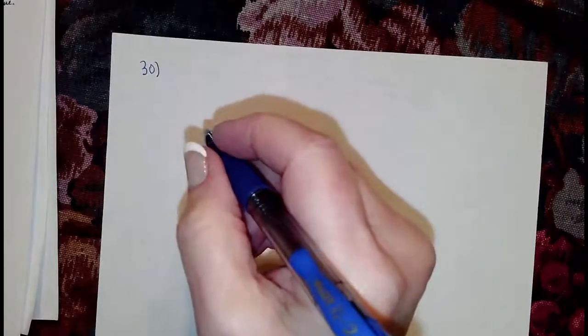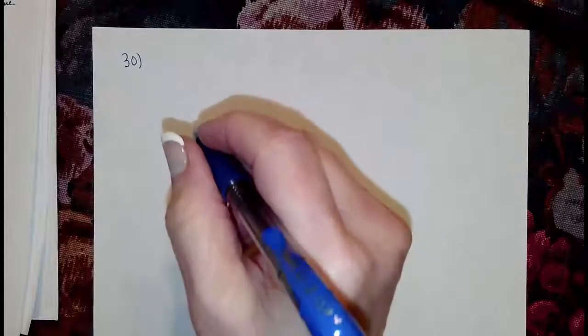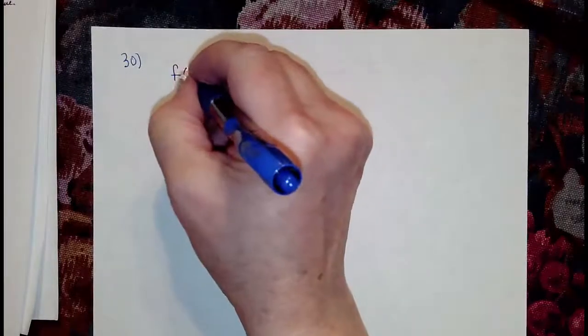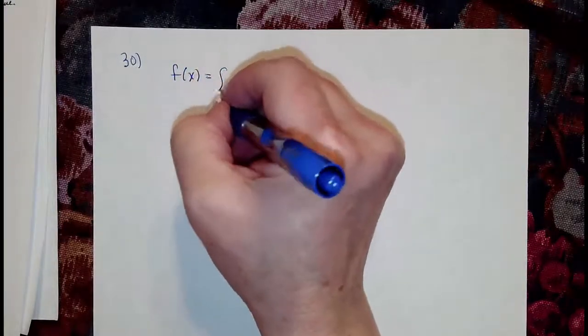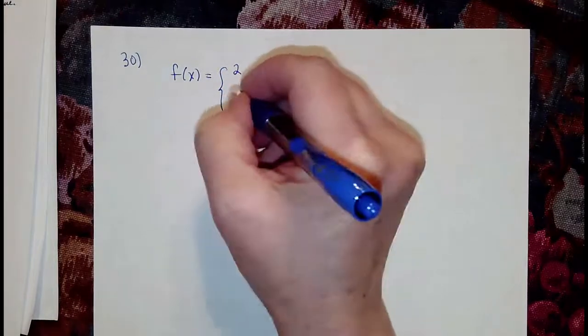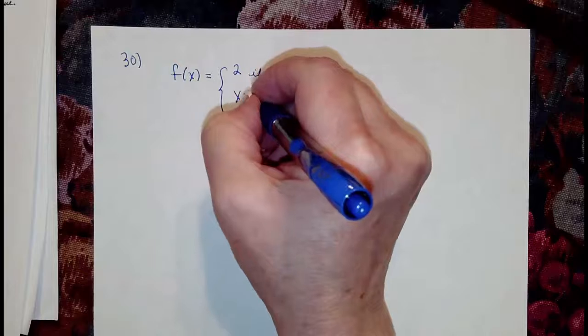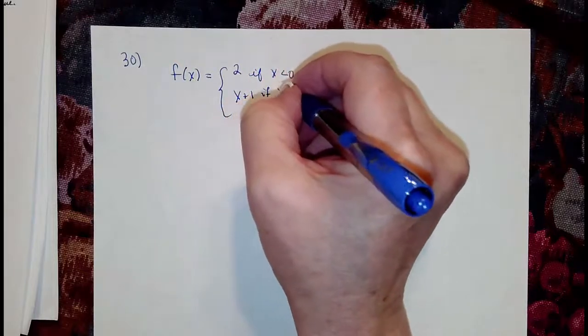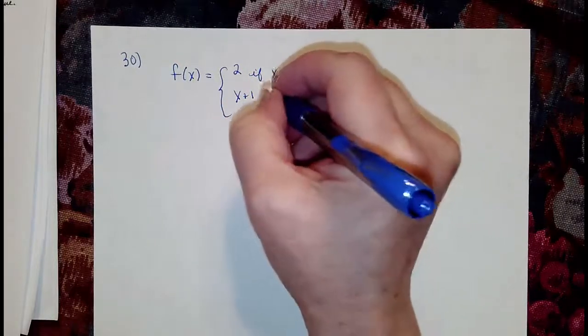So this is from the homework, page 904, number 30. This says f of x equals 2 if x is less than 0, and x plus 1 if x is greater than or equal to 0.